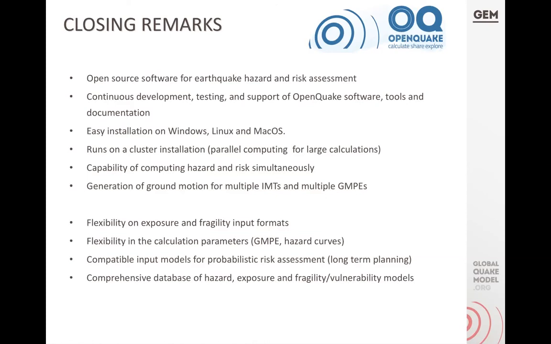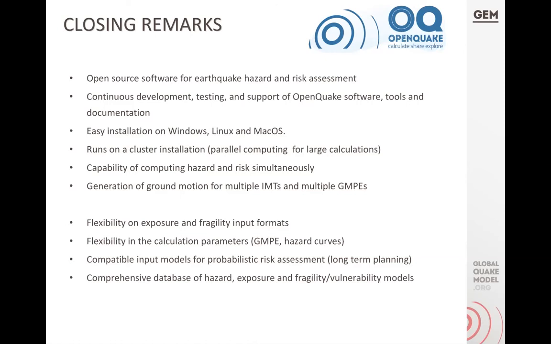We provide support for the OpenQuake software tools, and there is documentation for all of these available on the GEM website. There are easy installation methods for Windows, Linux, and Mac. It also runs on cluster installations, so it offers parallel computing for large-scale hazard and risk calculations.